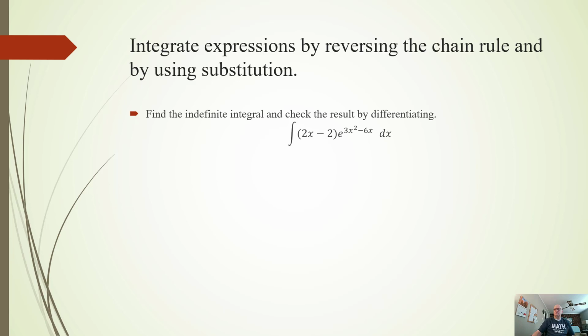Next one. Hit pause, write down what you think u is. If you guessed 3x squared minus 6x, you'd be right. Turn that into a differential equation with 6x minus 6 dx.